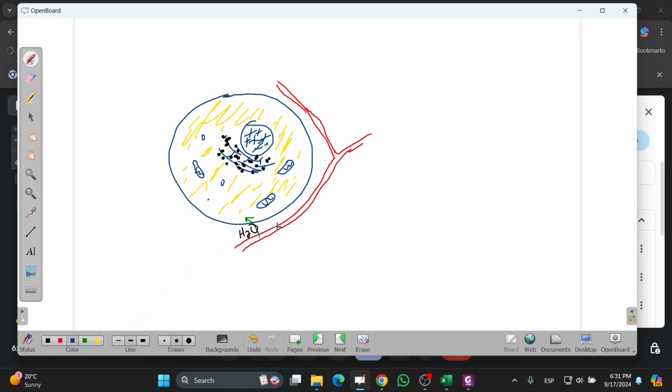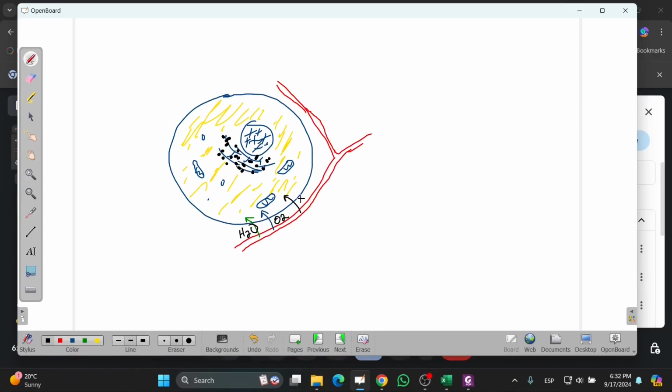There is also oxygen going into the cells, transported by blood. Let's say O2, that is oxygen. And there is also food, nutrients.